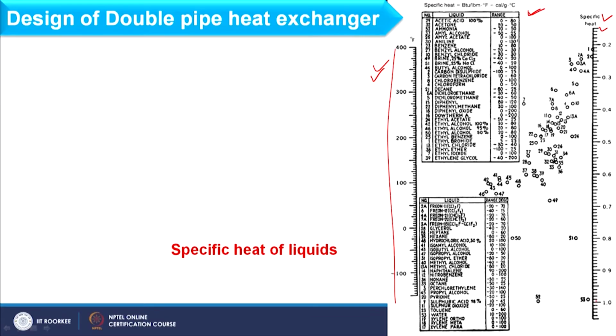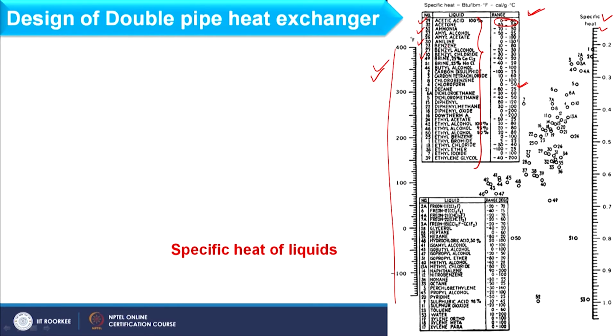Now, here we have different liquids, and corresponding to each liquid we have a different number. And here we have the range. This is the specific range where these values are correct, and the feasibility of this value lies in this range.